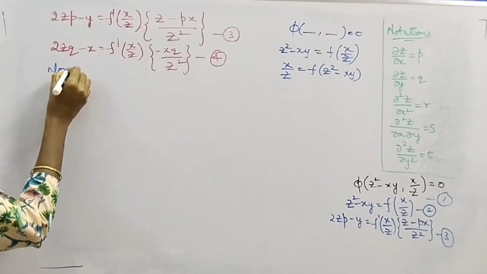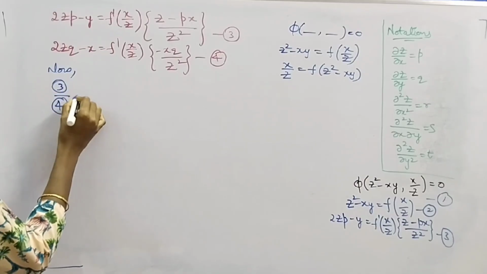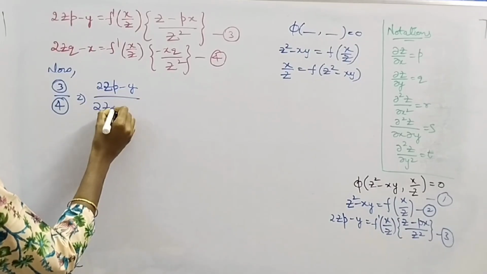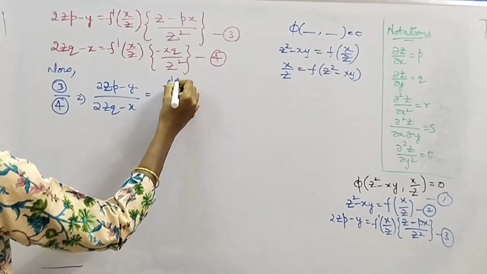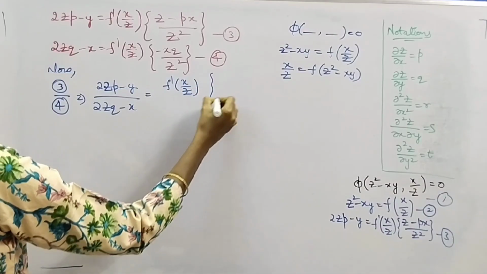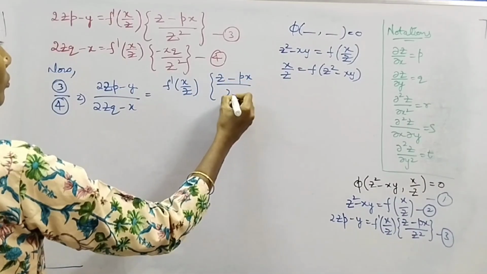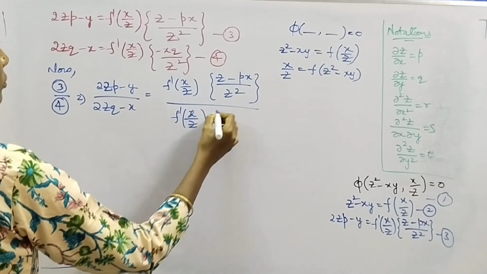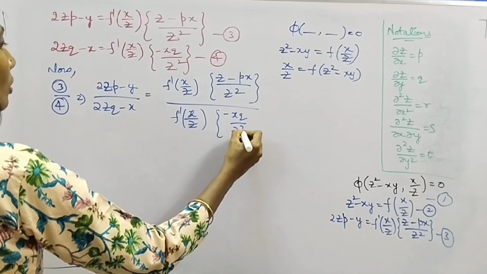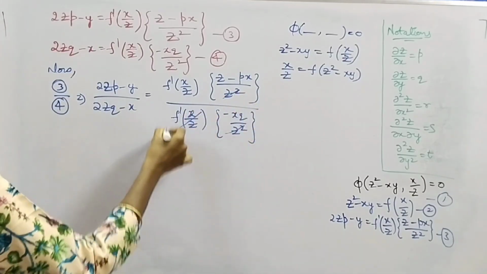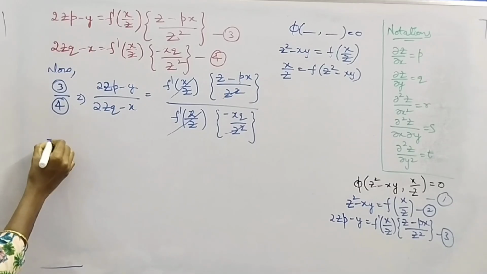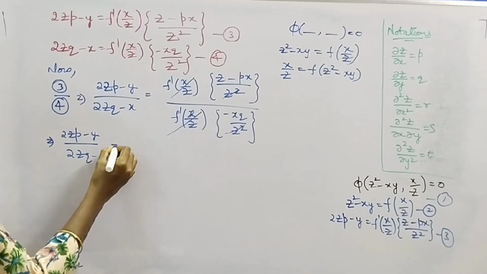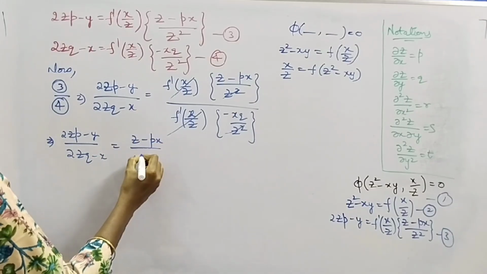Now, using 3 by 4 we'll get LHS of 3 by LHS of 4 equal to RHS of 3 by RHS of 4, where z² gets cancelled and f' of x/z gets cancelled, and you'll get (2zp minus y)/(2zq minus x) equal to (z minus px)/(minus xq).